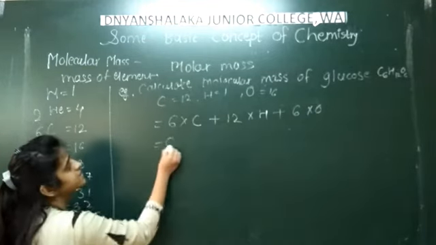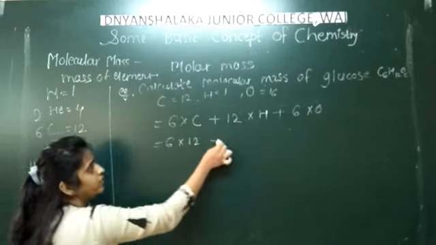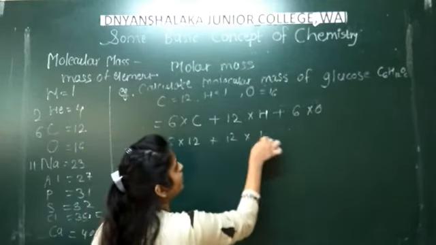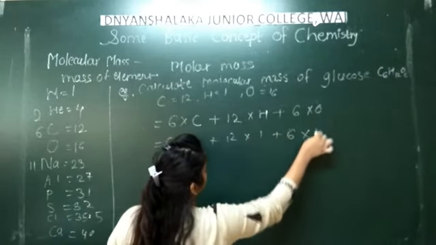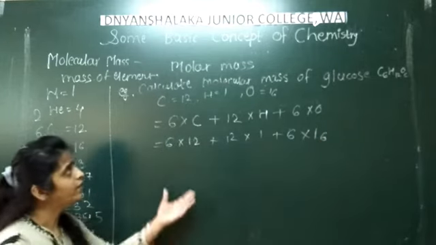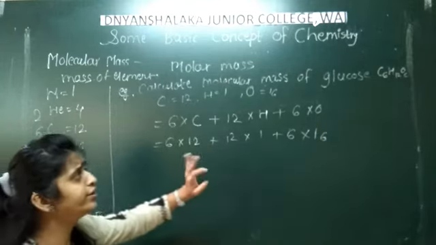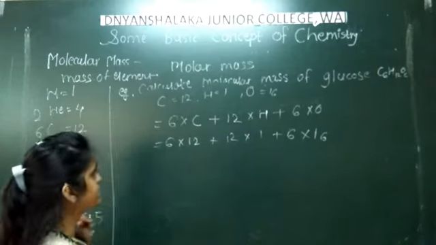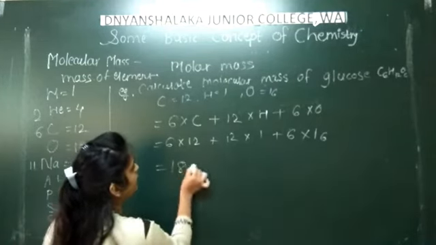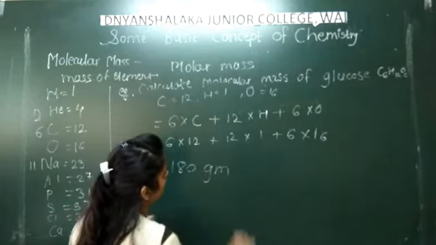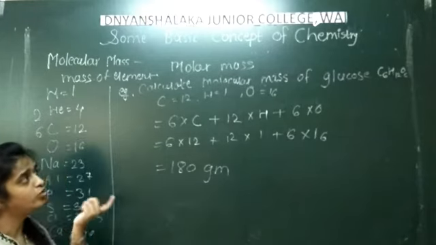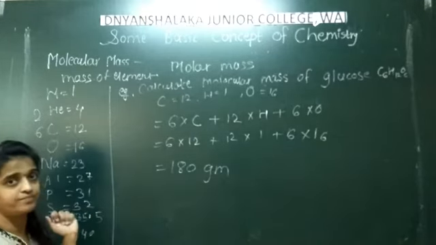So 6 into 12 plus 12 into 1 plus 6 into 16. So calculate the molecular mass of glucose. The answer we get is 180 gram. 180 gram is the molar mass of glucose.